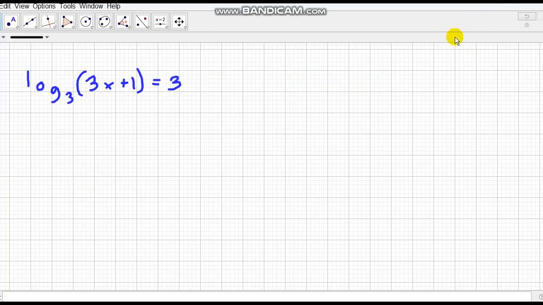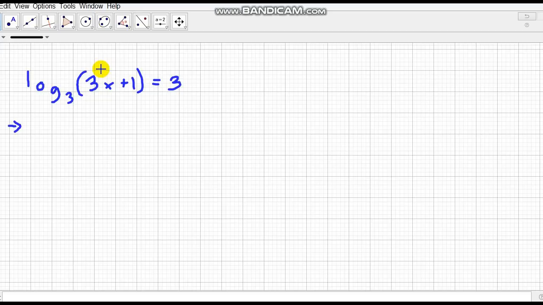Next, let's have this equation here. We have the logarithm of 3x plus 1 to the base 3 is equal to 3. Let us solve for x here. What we can do is rewrite this logarithmic equation into an exponential equation. Take note that this often happens when we're dealing with logarithmic equations.